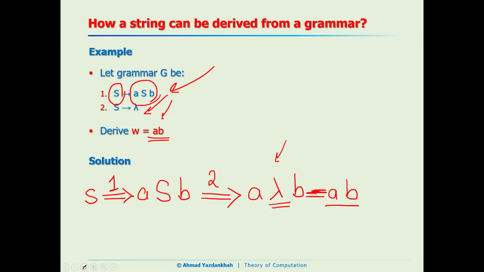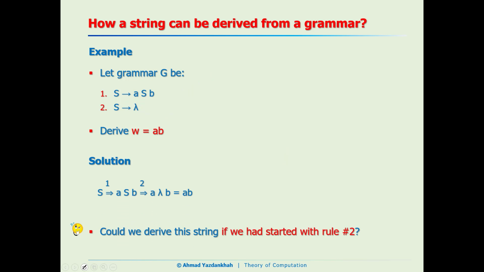So this is how we derive a string from a grammar. Here I ask, could we derive this string if we had started with rule number two? I already responded to this. S derives lambda, and then we are already done, so we cannot go further. Definitely, we would need to use rule one for the beginning.